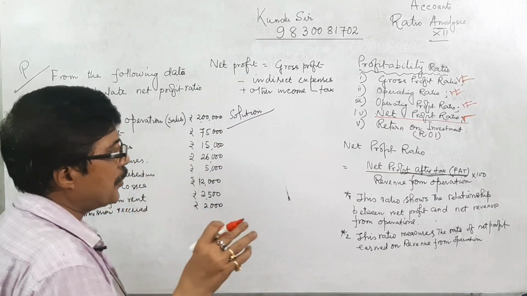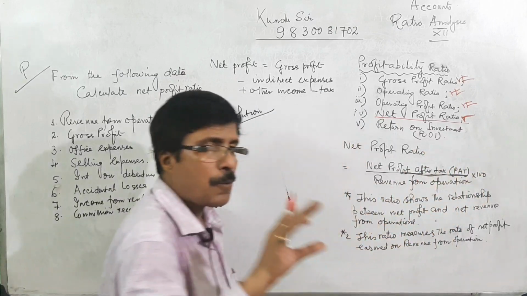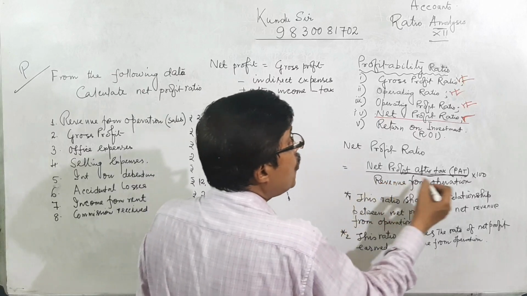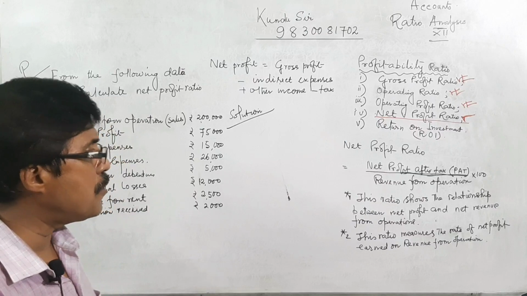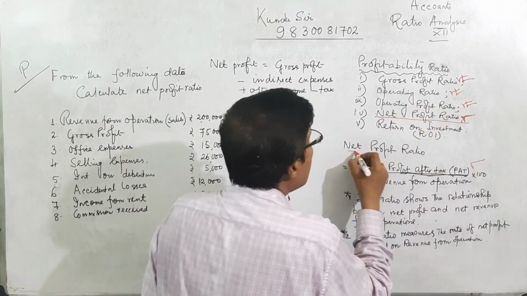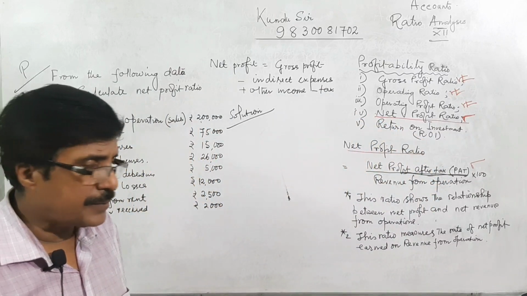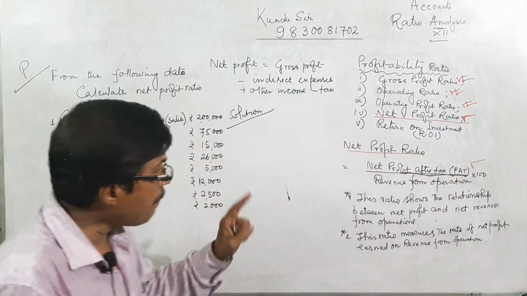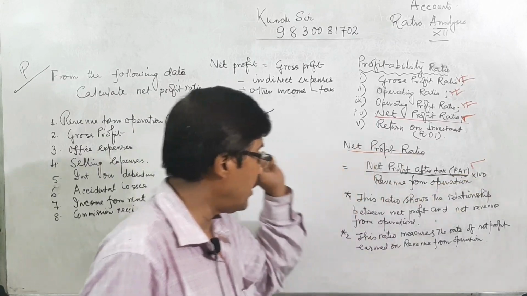Net profit ratio equals net profit after tax, PAT, profit after tax, upon revenue from operation, net sales, into 100.